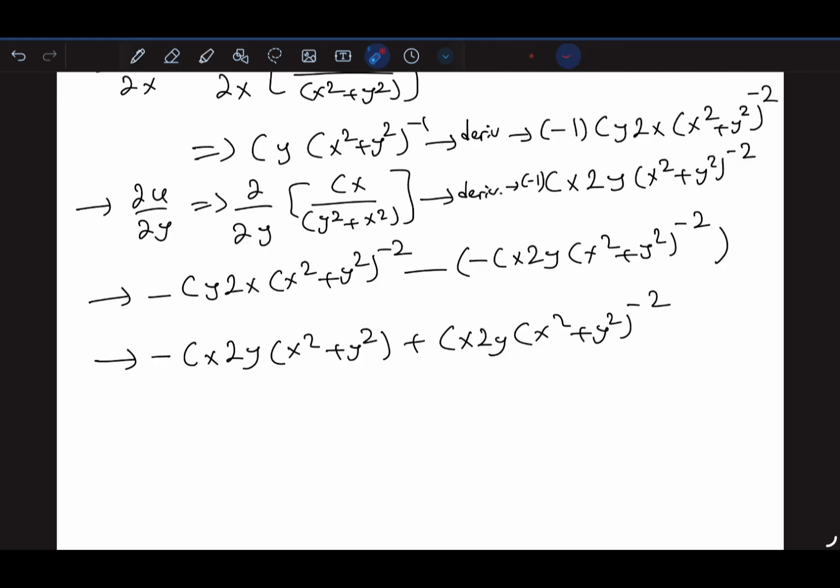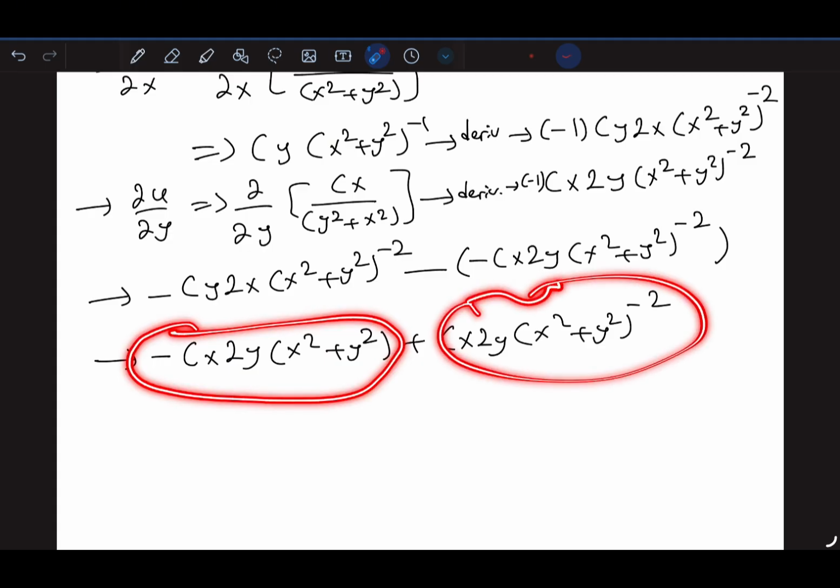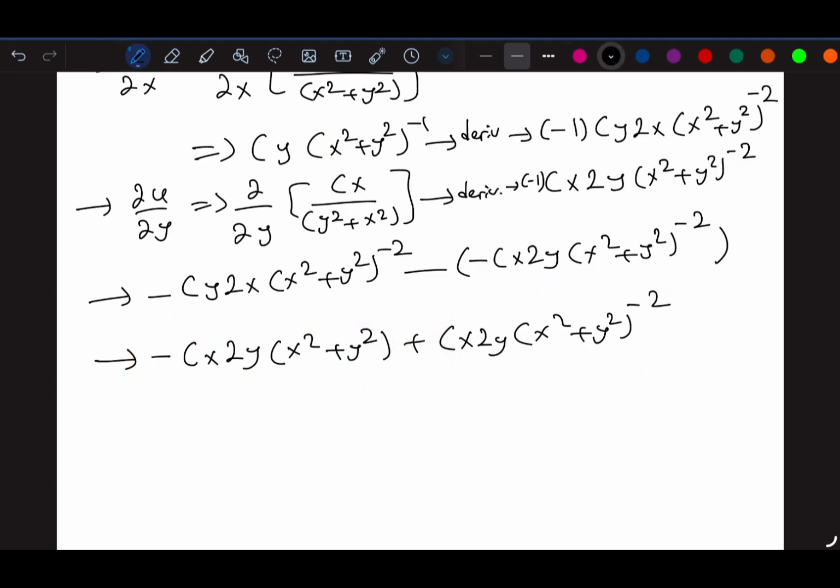And since we already have a negative sign here, and this is positive, and they are equal to each other, this will be equal to 0. And this means the flow is irrotational.